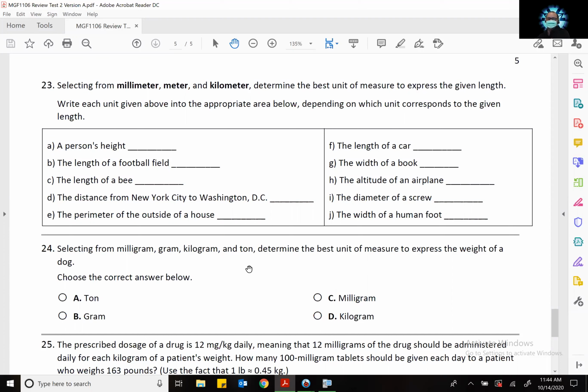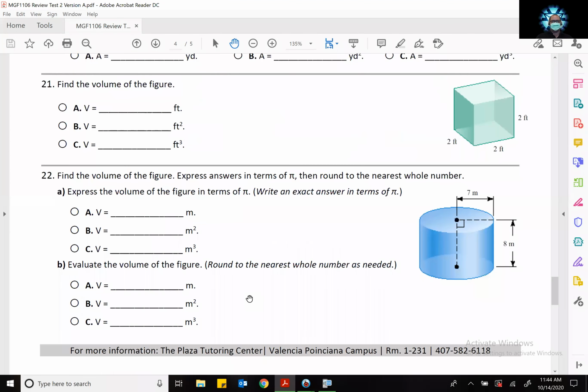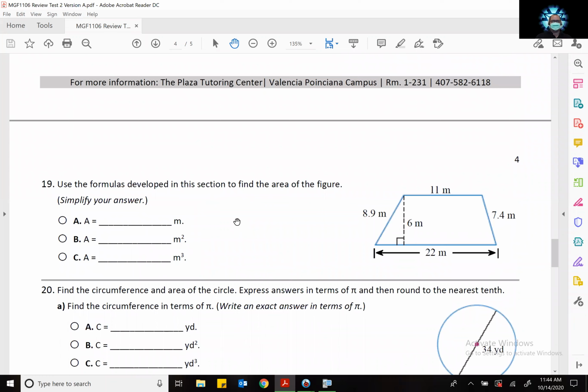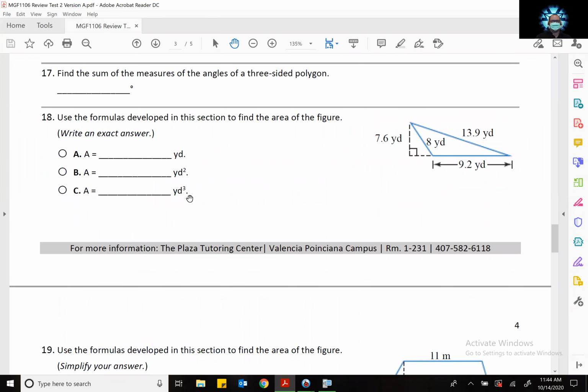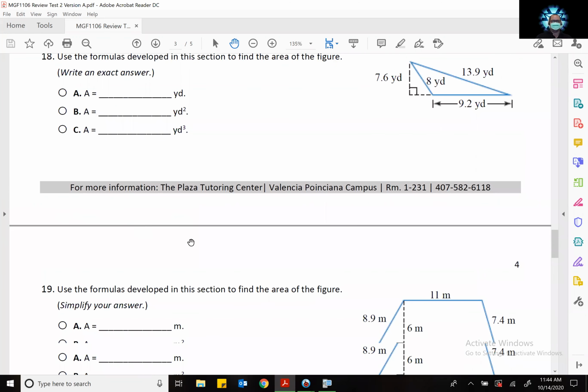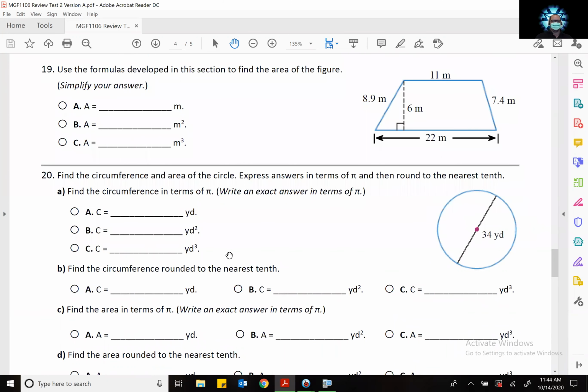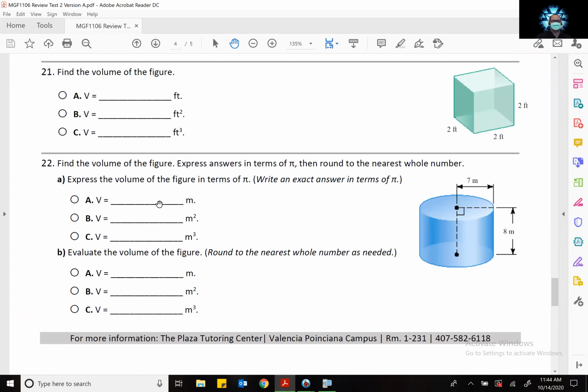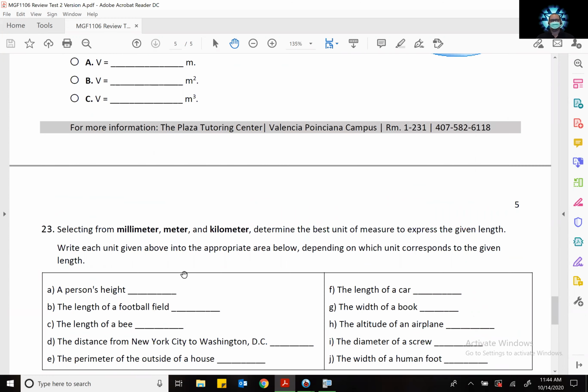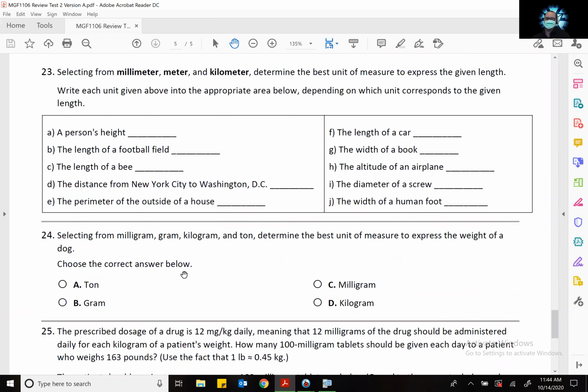And then 24 and 25, they are coming from 9.3. Oh, and all the ones down here, the ones where we're doing area up here, 18, 19, and 20, those are all from 10.4. The volume ones that we did at 21 and 22, that was 10.5, if I didn't say that. Okay. All right, number 23.